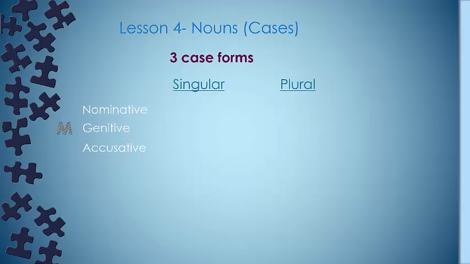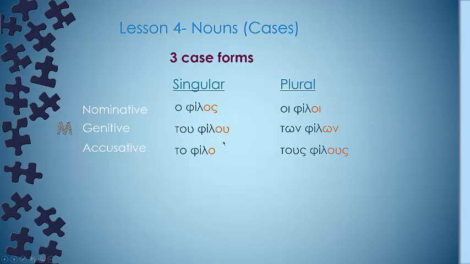Let's see a male example. O philos, which means the friend, the male friend, is ο φίλος, του φίλου, το φίλο. And in plural, οι φίλοι, των φίλων, τους φίλους. You see here that in every case we have a different ending: os, ou, o, and i, on, us.